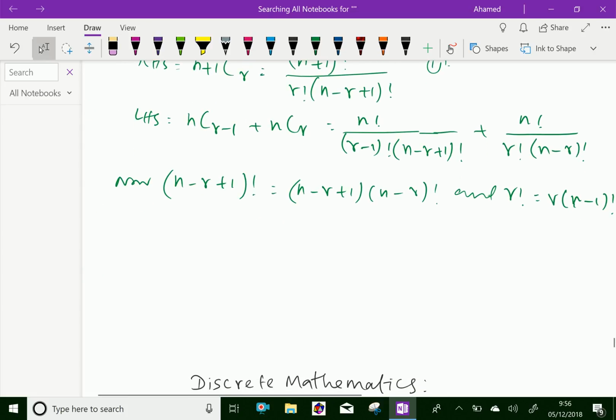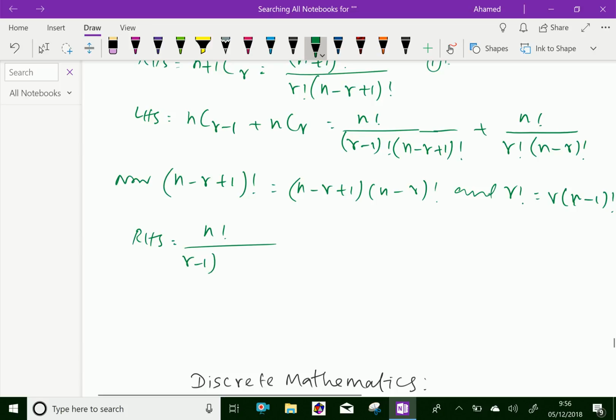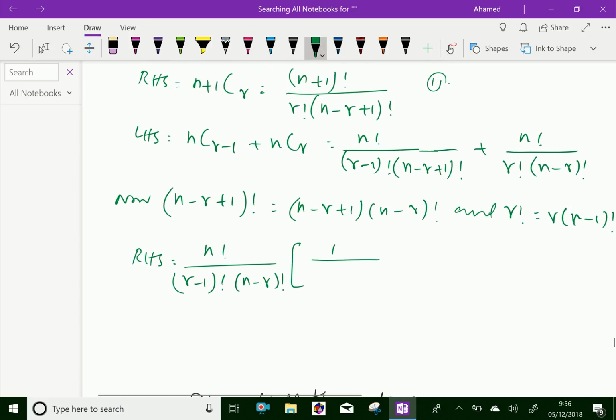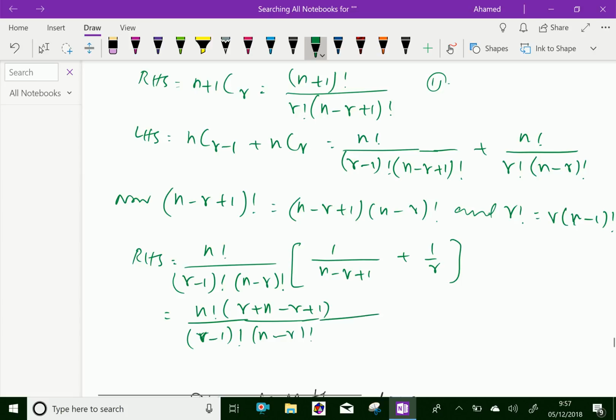By using these conditions, we get LHS equals n factorial over r minus 1 factorial into n minus r factorial, taken out common, then 1 over n minus r plus 1 plus 1 over r, which gives n factorial over r minus 1 factorial into n minus r factorial, into, by cross multiplying, r plus n minus r plus 1 over n minus r plus 1 into r.